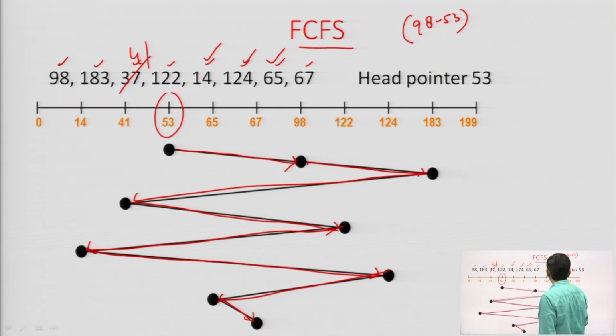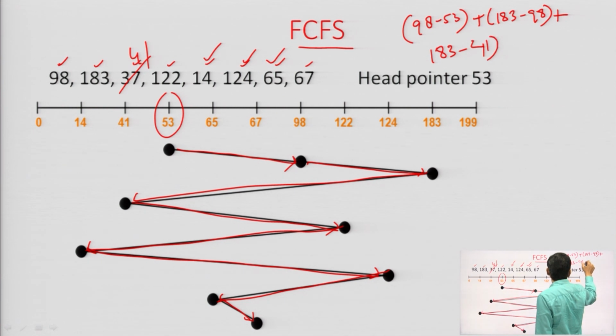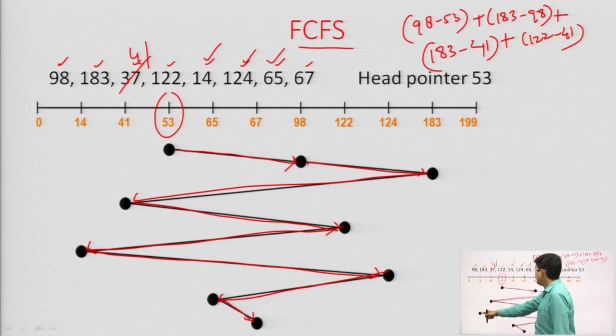The next movement is from 183 to 98. So just add these two, 183 minus 98, and then you have to move from 183 to 41. So you will have to subtract 183 minus 41, and then you have to go from 41 to 122. So this will be 122 minus 41, and then you have to go from 122 to 14.